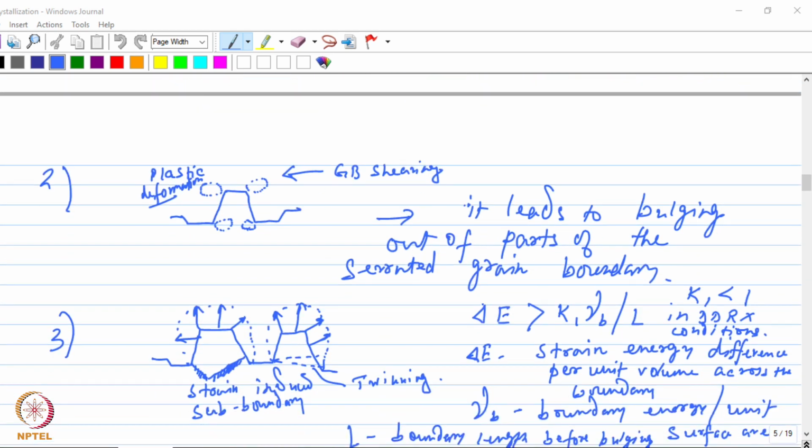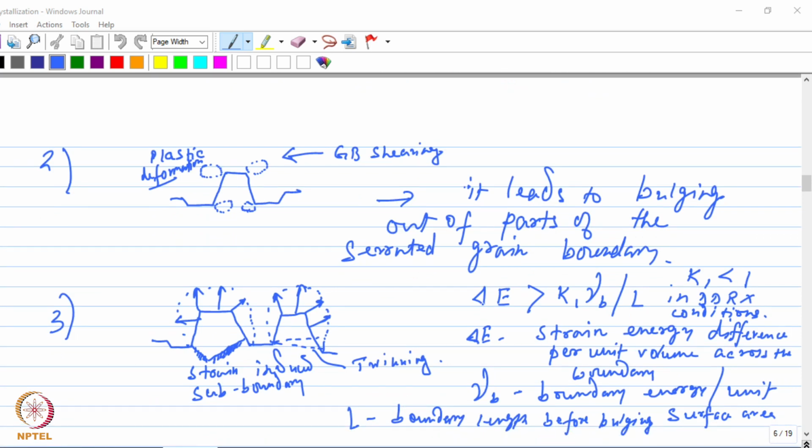And the dominant mechanism for the nucleation in case of DDRX is the grain boundary bulging mechanism, where we have seen that due to the development of dislocation density gradients across the boundaries, conditions are generated for the bulge to form, and this can act as the nucleus.